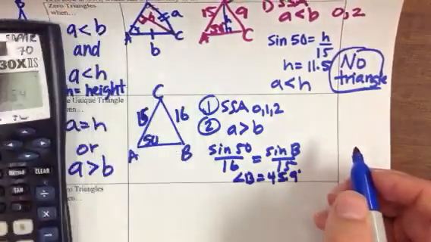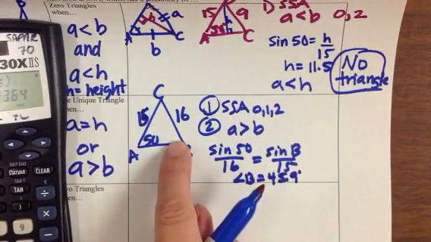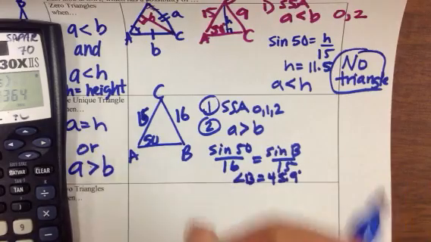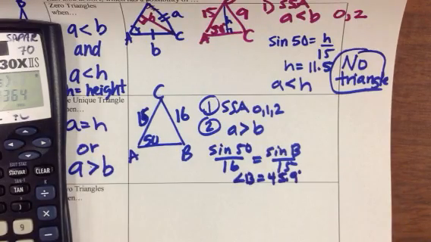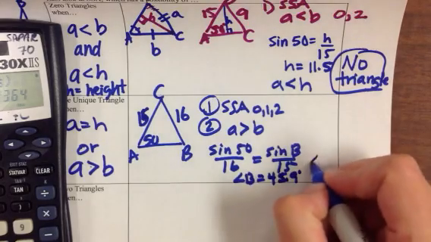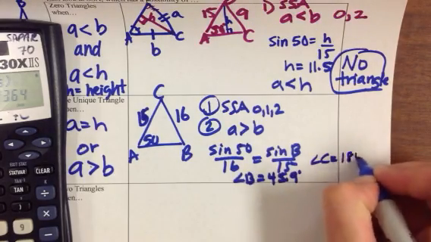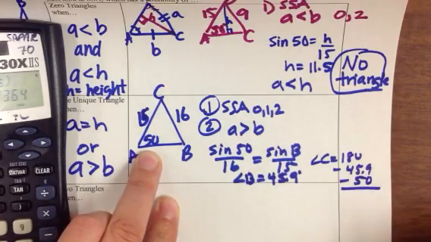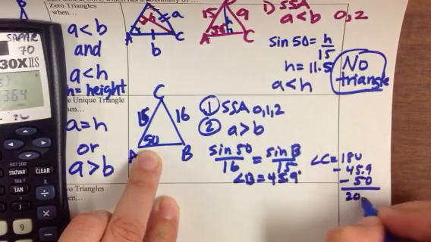So if I know angle B is 45.9, I take 180, take away 45.9 and 50, and angle C gives me 20.8.